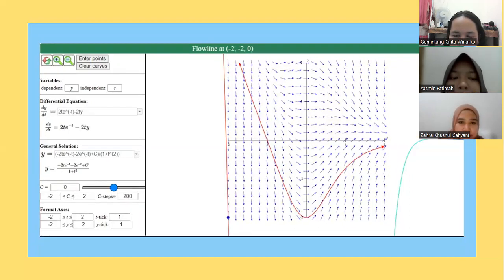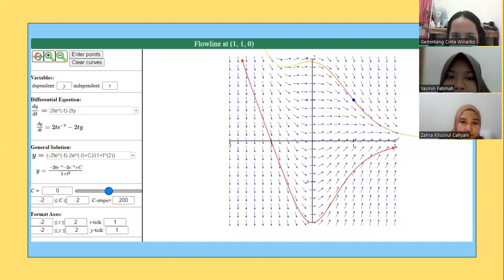And then for the last example, if we take the point t is equal to 1, y is equal to 1, and c is equal to 0, and then we substitute to the equation, we got this graph as the result at the blue point. So that's all for the example of choosing a point for the direction field.